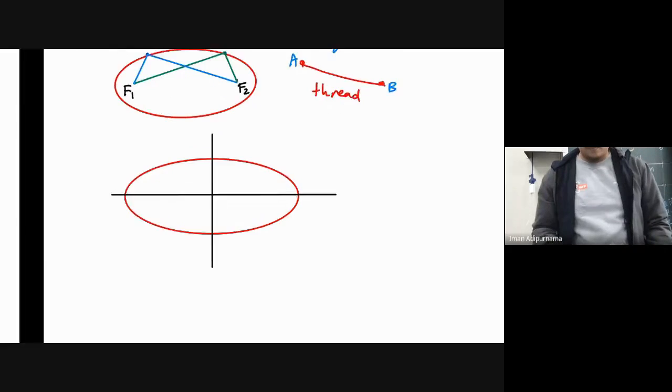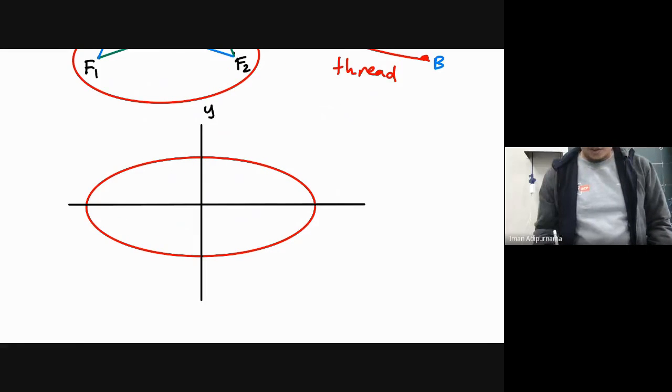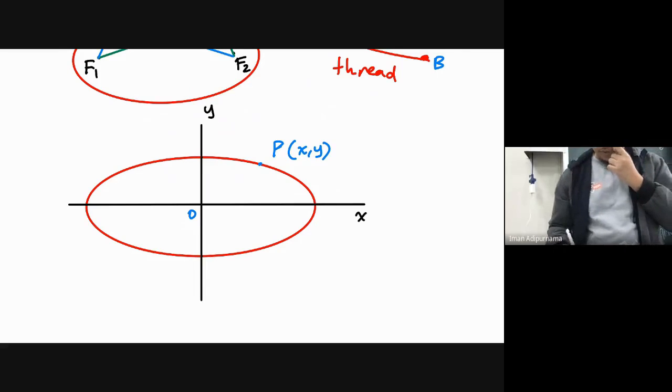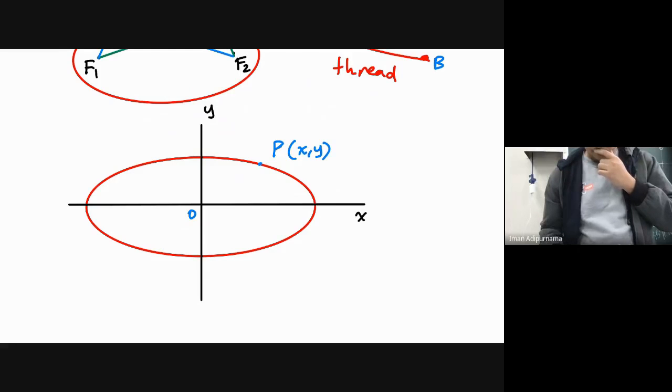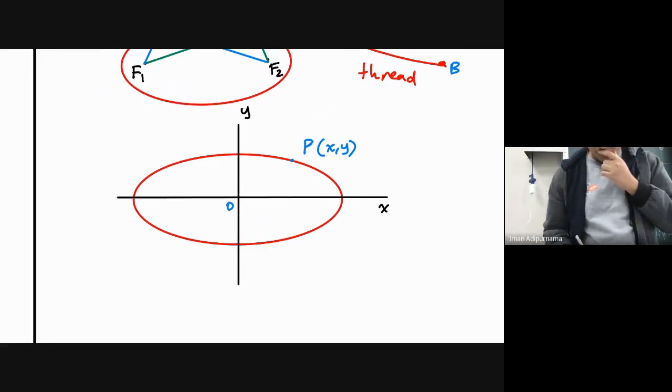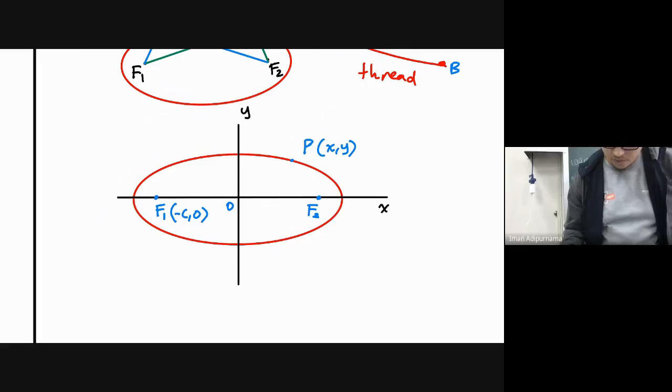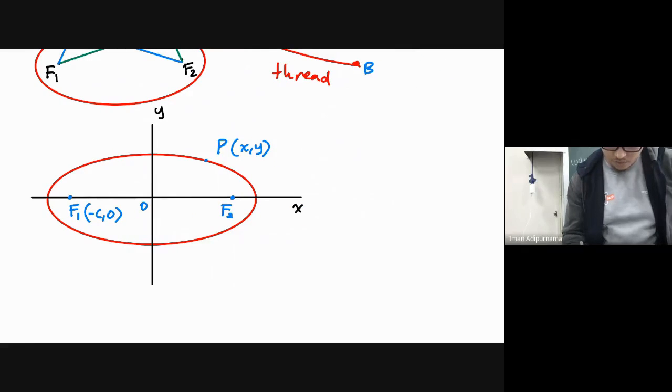It's XY. Let me make the P here, XY. And then we make the focus the first one here, the second one here. And let me make the coordinates -c. And this one should be C.